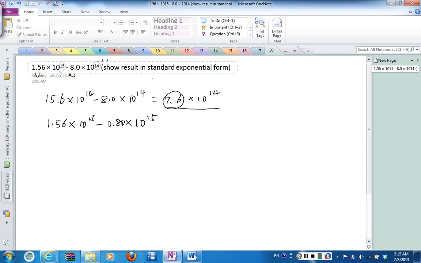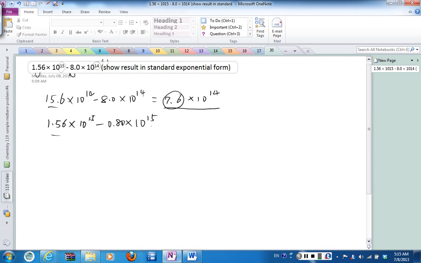And don't forget, each time you do these types of conversions for the exponent of 10, you only move your decimal. You don't change the number of sigfigs in your number. 2 sigfigs stay 2 sigfigs, 3 sigfigs stay 3 sigfigs.